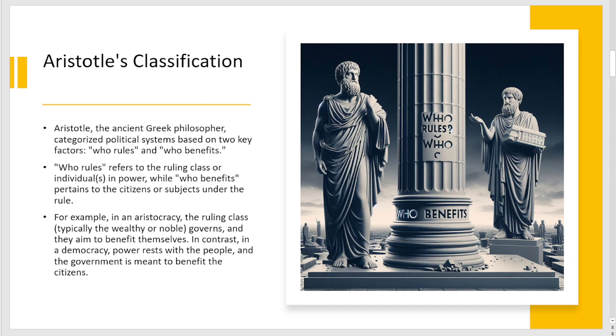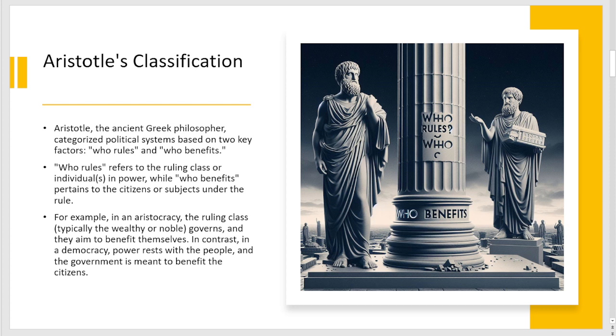Now, with Aristotle, we can see that the relationship between those who rule and who benefit can be seen, for example, in the feudal structure in Europe, the feudal era, kings and queens, in what is called an aristocratic society. The real ruling class, who are typically the wealthy or the noble, govern, and they aim to benefit themselves.